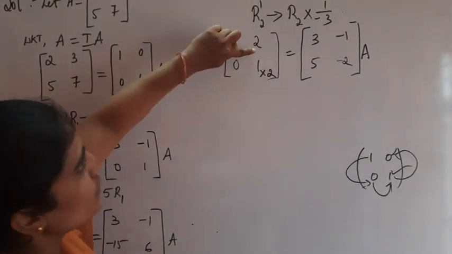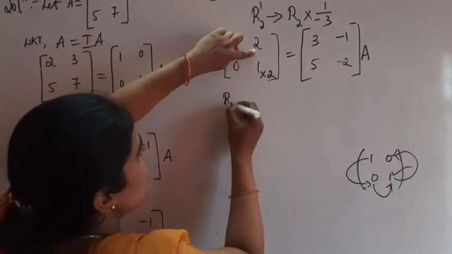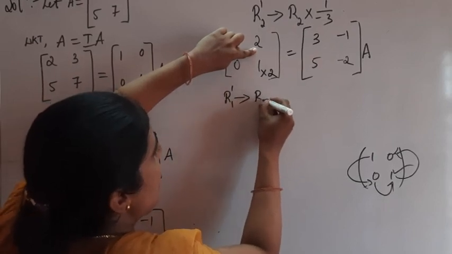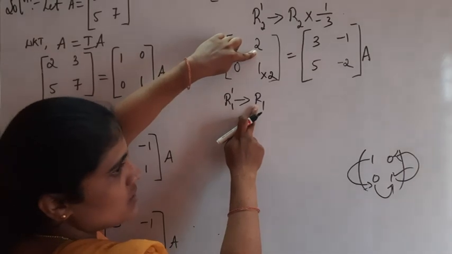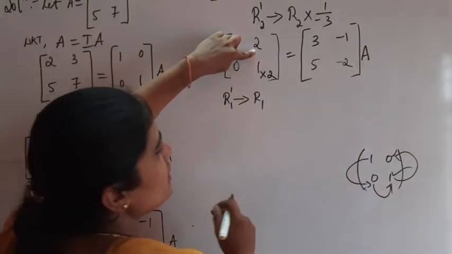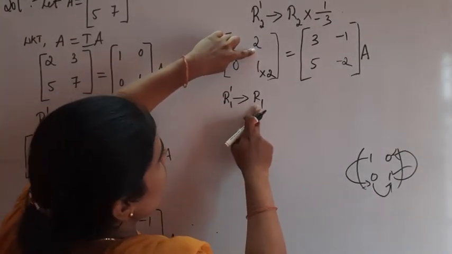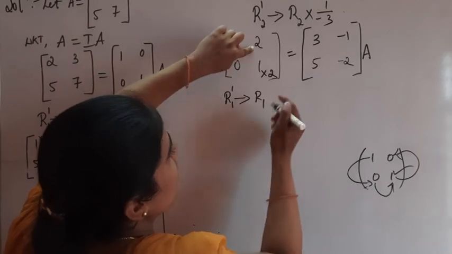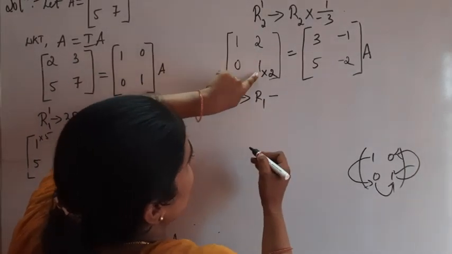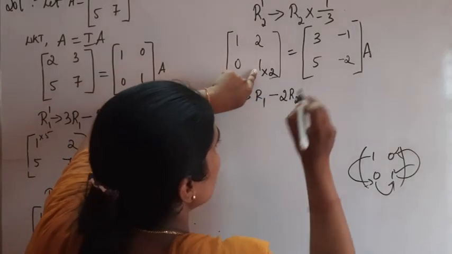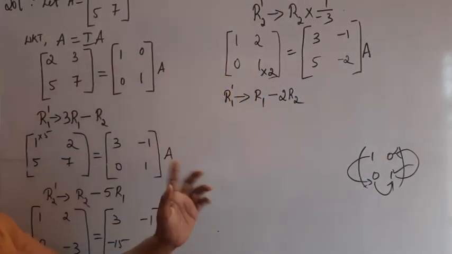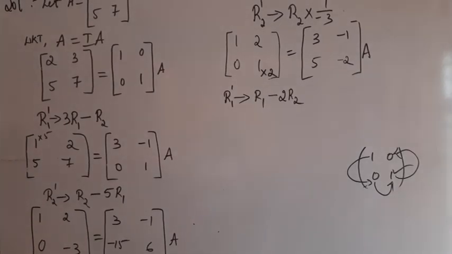Okay, so we have to change the first row, that is R1 is changing to R1. What changes are happening here, the continuity should come first. Okay, then we have to apply the operation. R1 subtraction, addition, minus to make it 0. So what is the requirement for the second row? There is a requirement of 2. 2 into the second row, that is R2. Okay. So let us apply the last operation now.